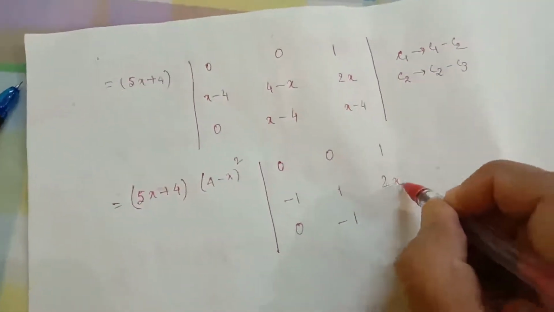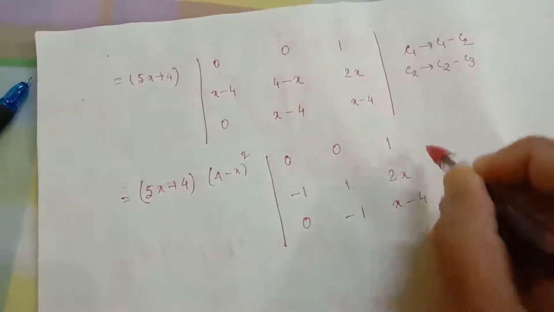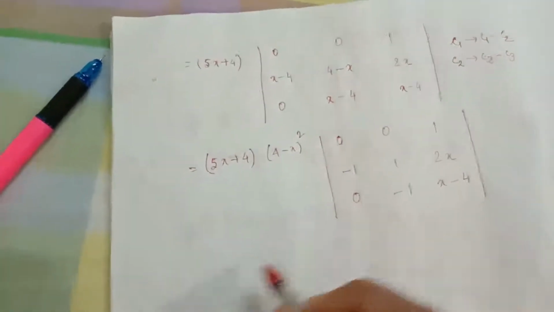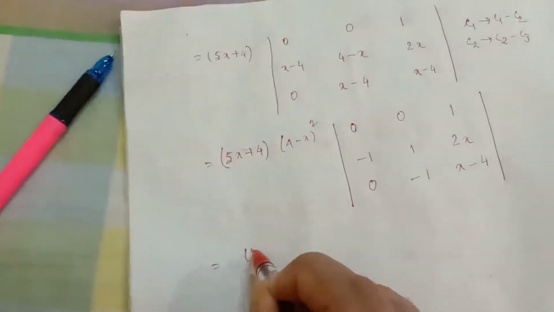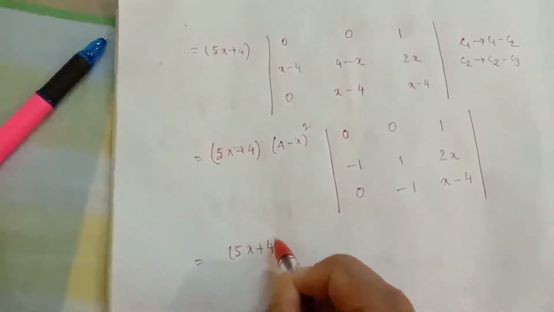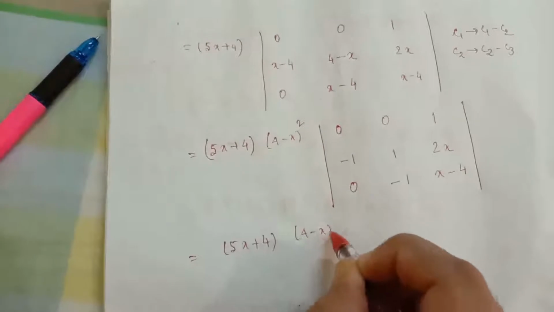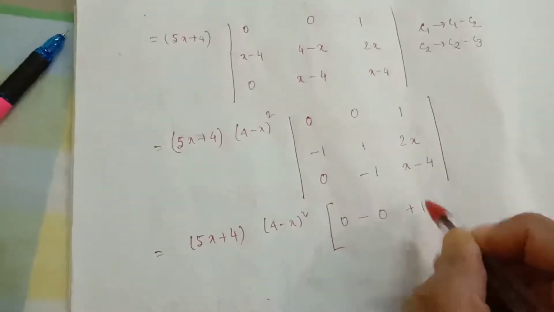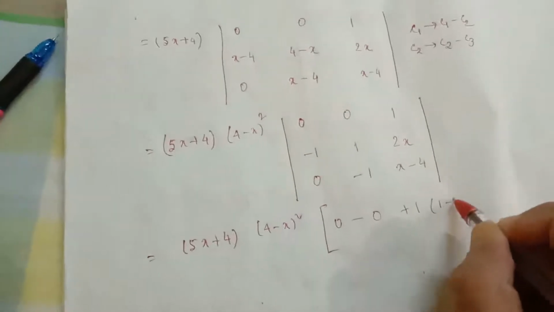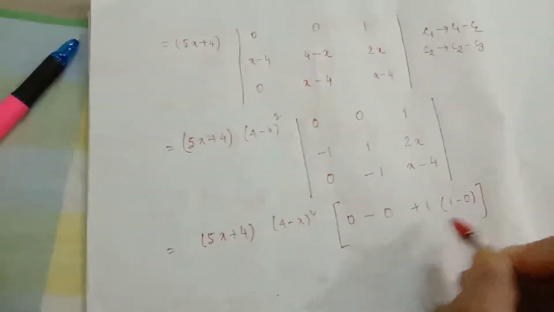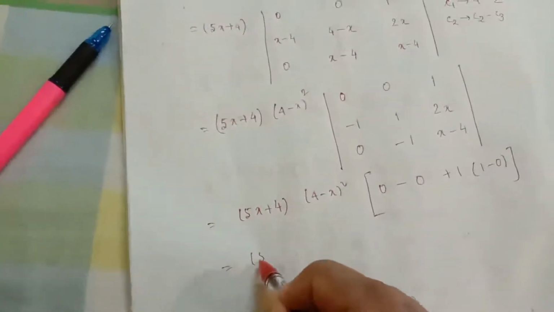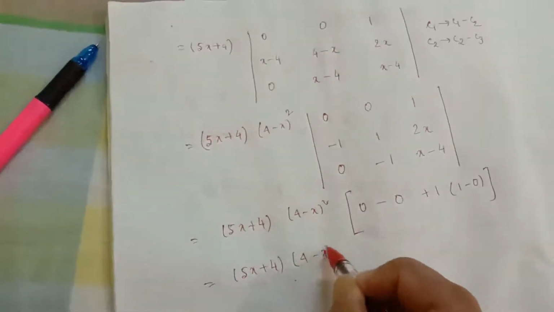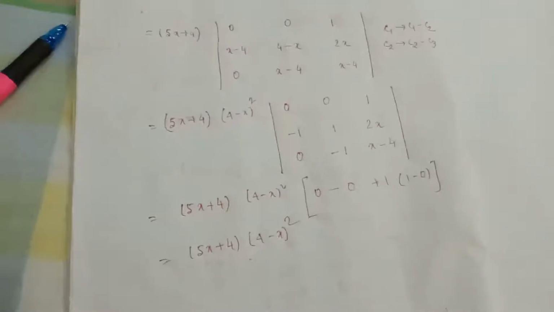Okay. Next, expanding along the first row, as there are 2 zeros, you can expand along C1 also. Let us expand along the first row. We will get 0 minus 0 plus 1 into 1 minus 0. So it becomes 1. So ultimately this will be 5x plus 4 into 4 minus x whole square, which is the right hand side.